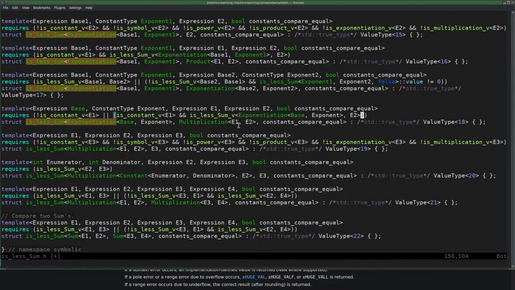So it's if E1 is not a constant, then the whole thing, the second argument, is a multiplication, and then it is always less than. An exponentiation is just less than a multiplication. Unless the multiplication starts with a constant, in that case I have to compare it with the second argument of the multiplication. So that's kind of a recursive call.